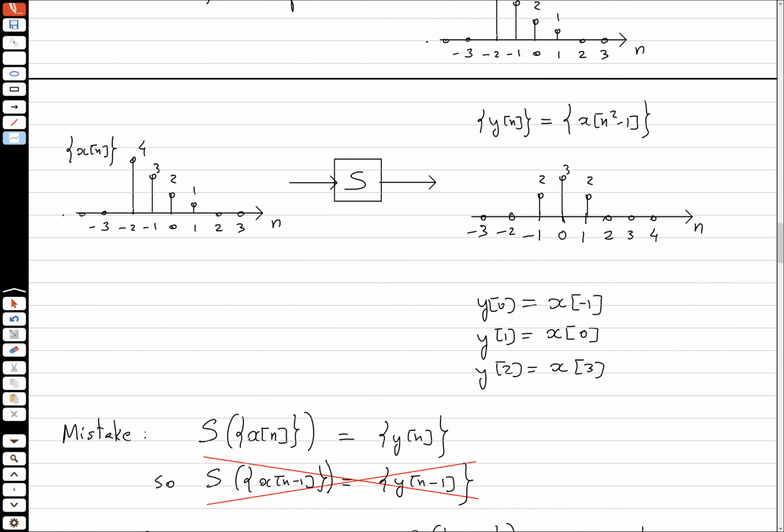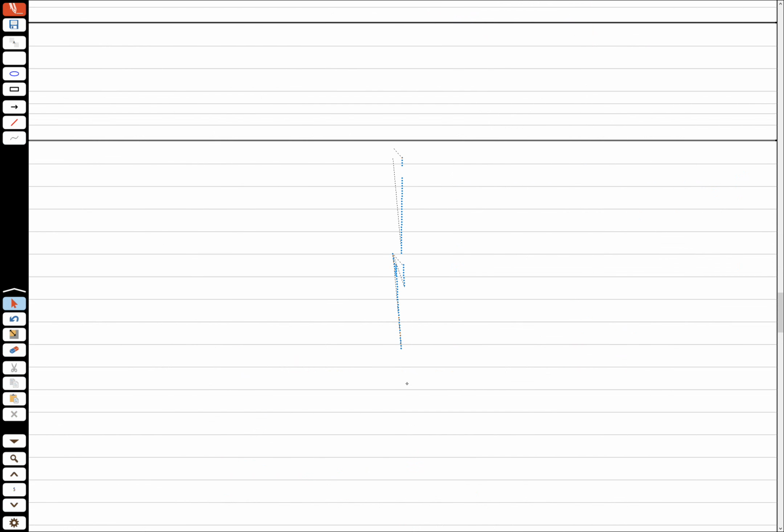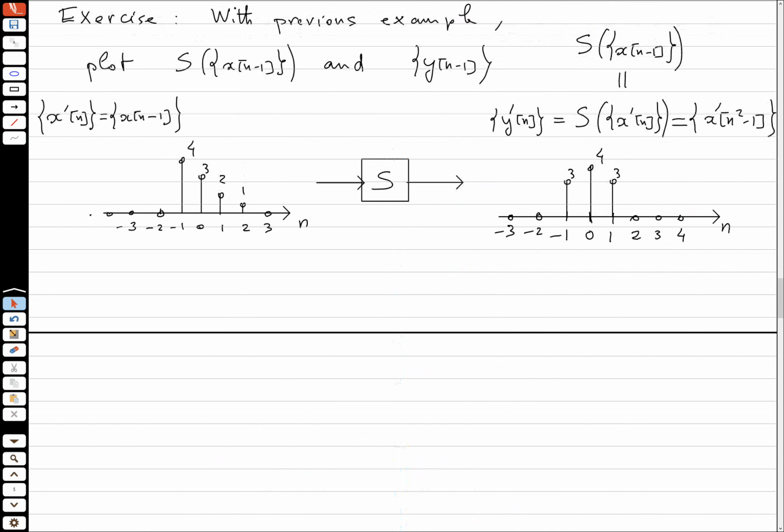So what is y of n minus 1? You shift this by 1 to the right. This is y of n minus 1.